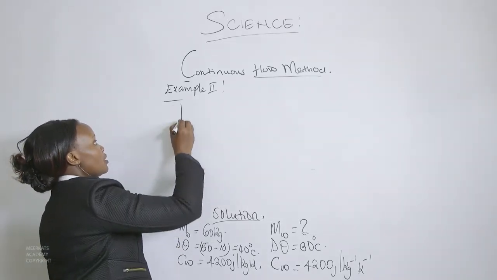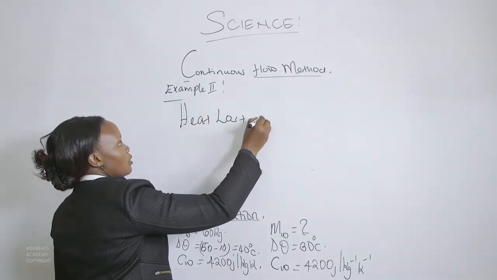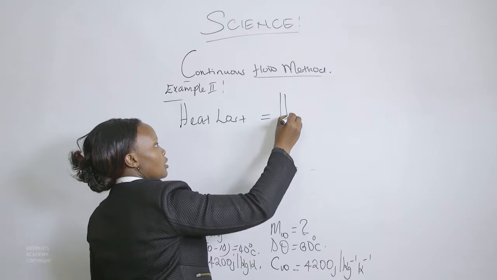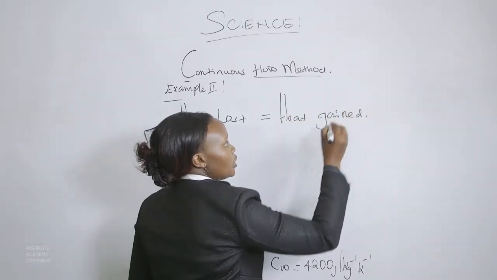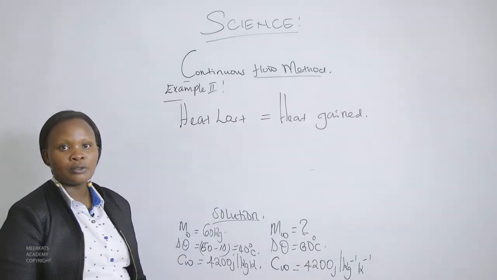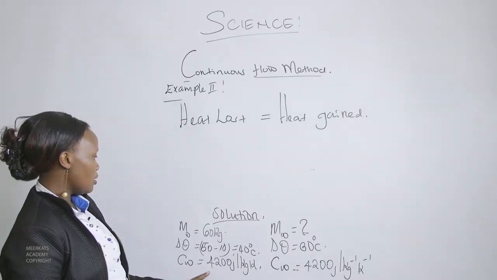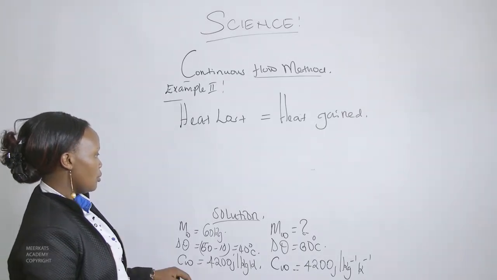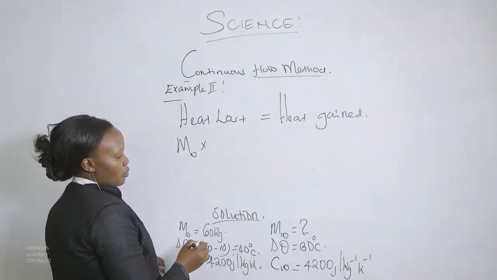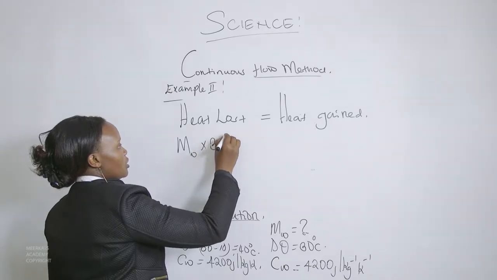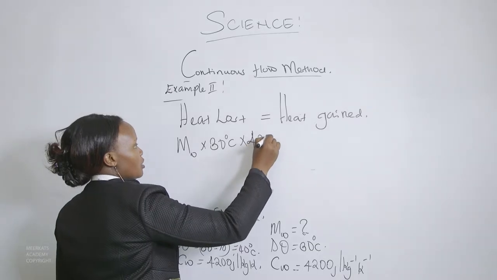Now here we say that heat lost will be equal to the heat gained. In this case, the heat lost will be the mass that we don't know, multiplied by 30 degrees centigrade, and then multiplied by our specific heat capacity.